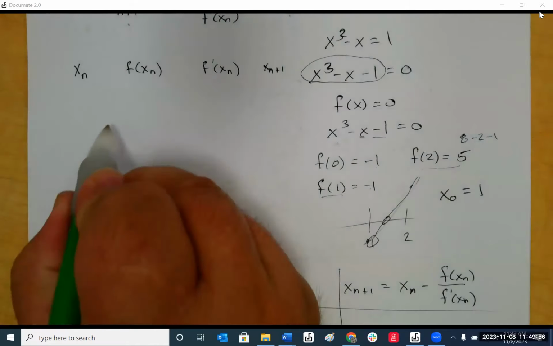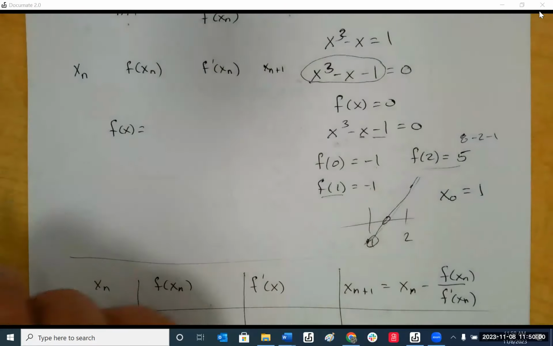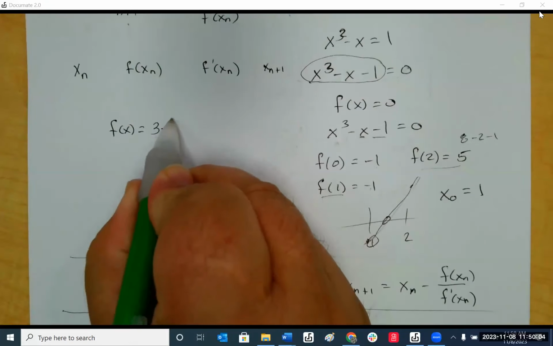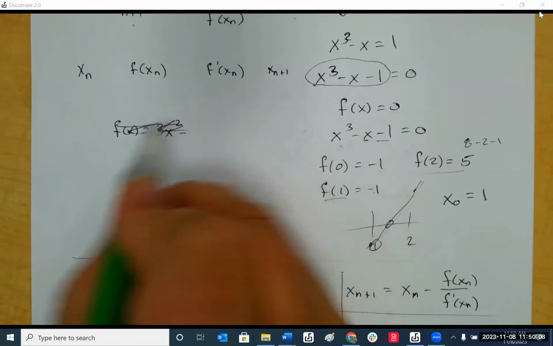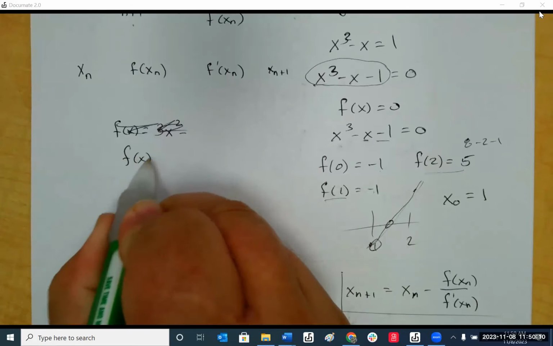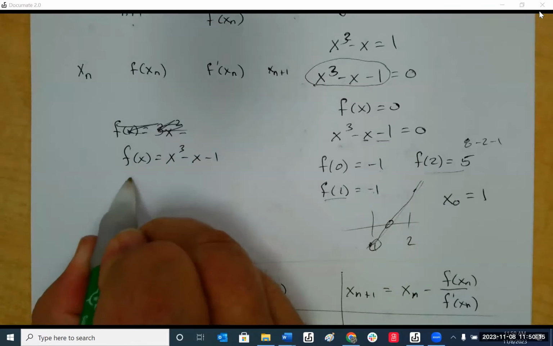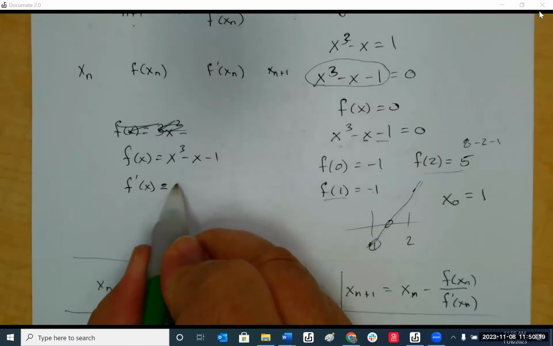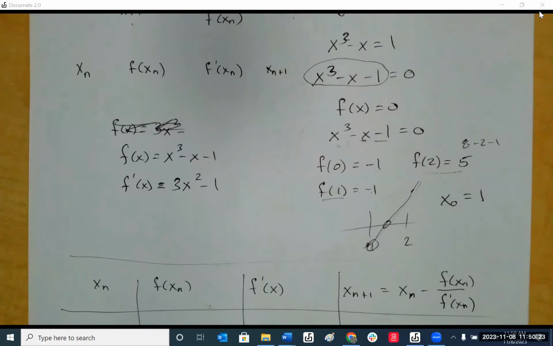Okay, so far so good. So our f of x is what? You're absolutely correct. It's f of x is x cubed minus x minus 1, and the f prime is 3x squared minus 1.